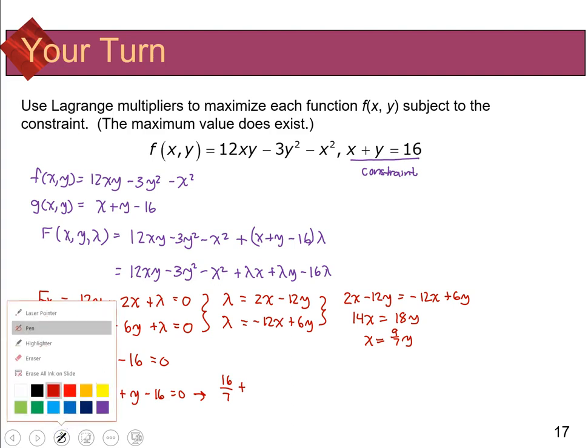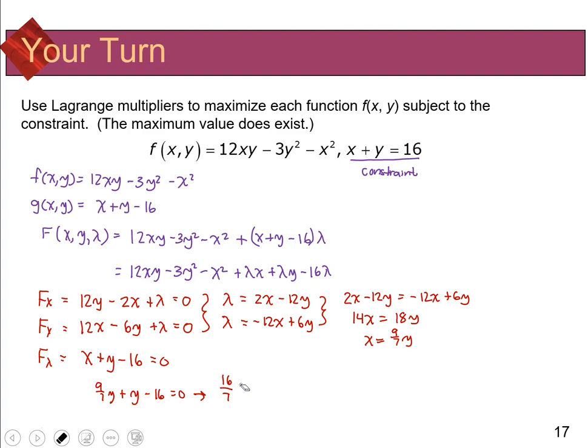Take that back here. (16/7) y equaling 16. And then when I multiply both sides by 7/16 to get y alone, I end up with 7 over here.